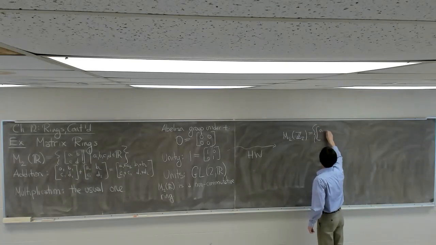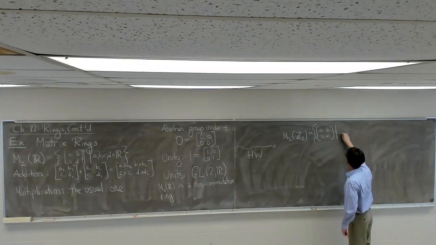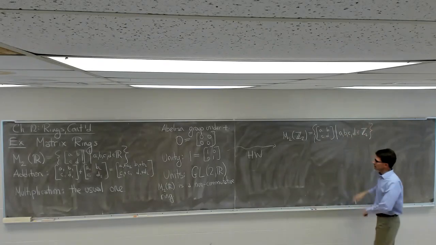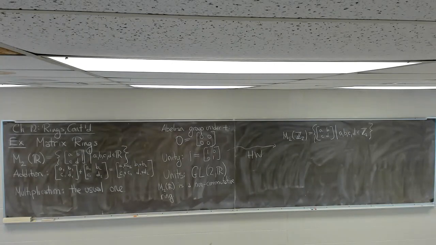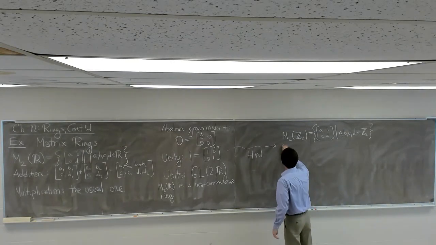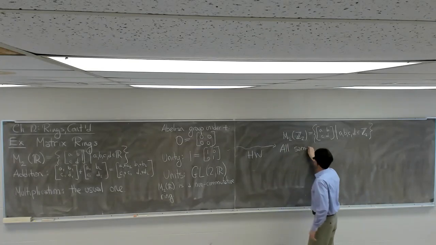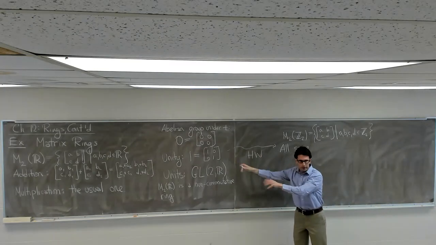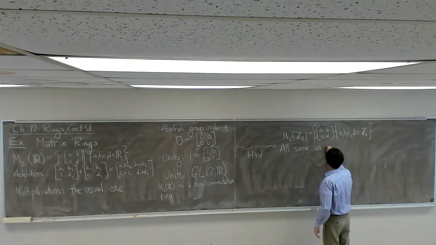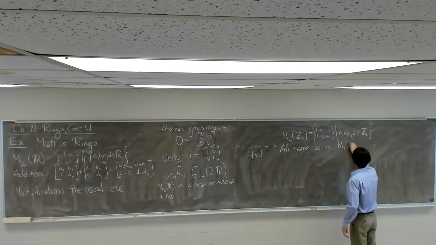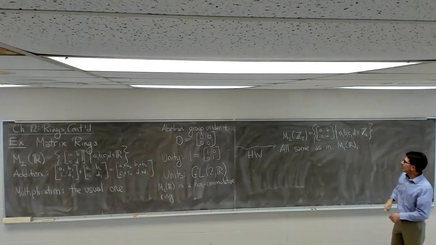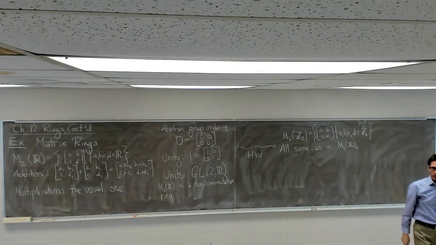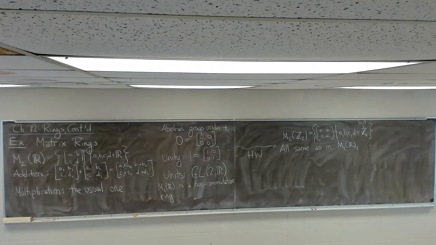All right, so here, 2 by 2 matrices where entries are mod 2. I'll say that generally speaking, in terms of our operations, what we've talked about here, except now there are only 2 possible values for each entry, right? So everything has to be a 0 or a 1.